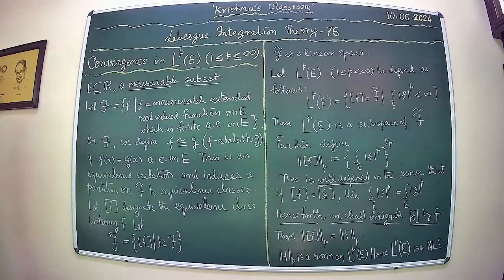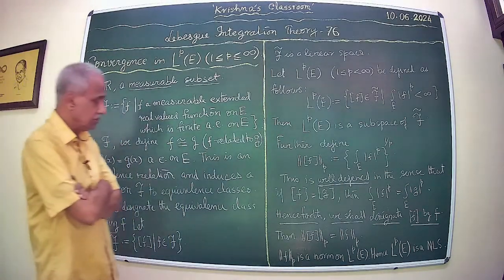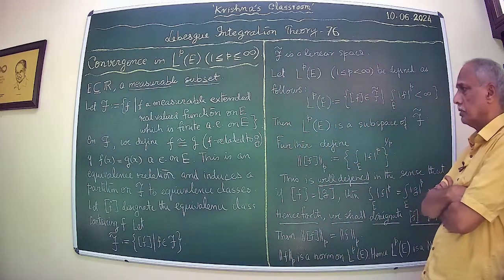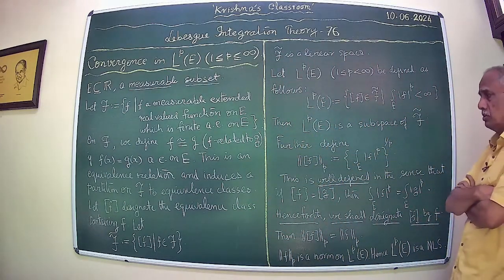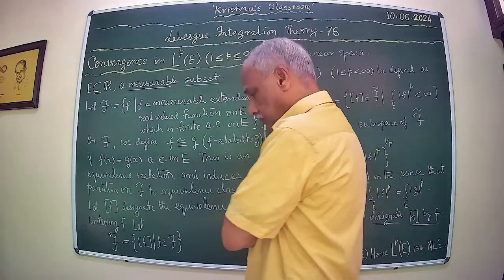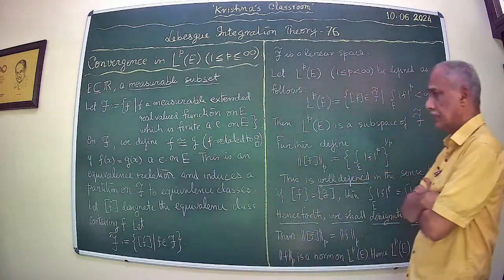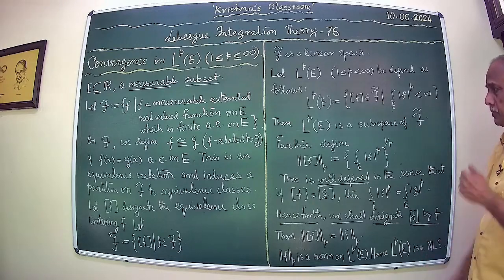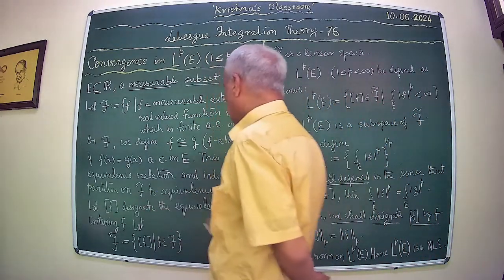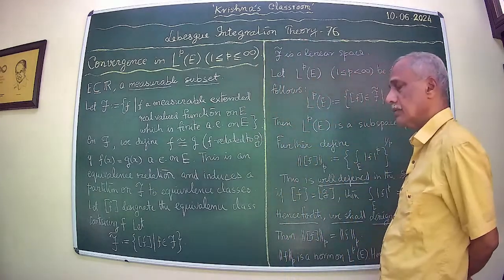The relation is that f is related to g if and only if f(x) equals g(x) almost everywhere on E. Now, one can easily verify that this is an equivalence relation and therefore induces a partition on script F into equivalence classes.